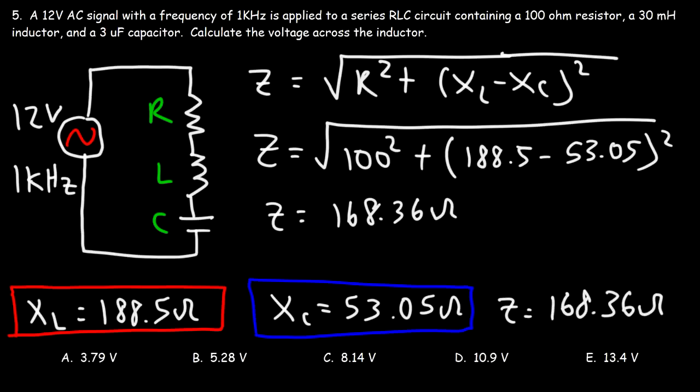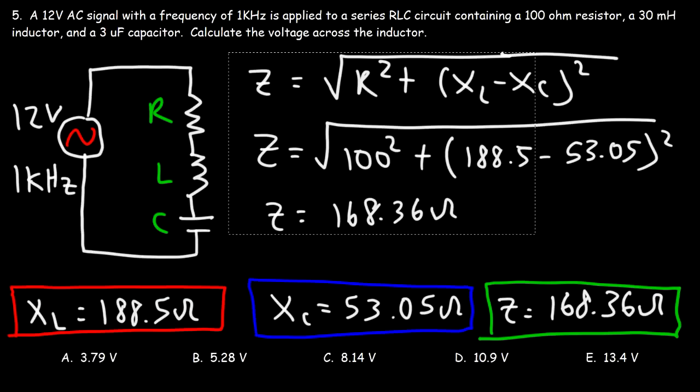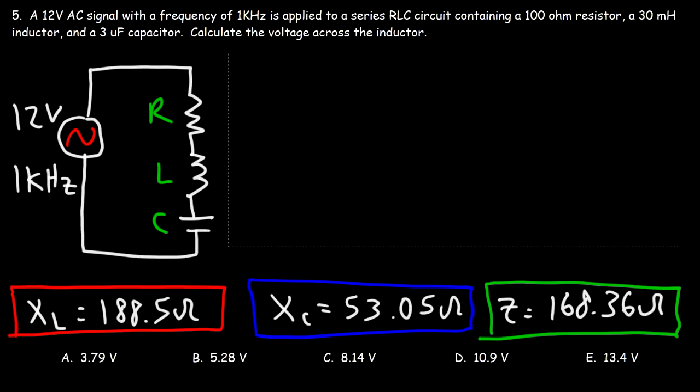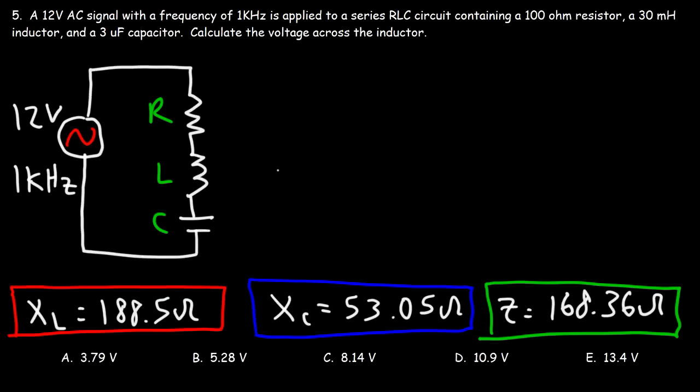So now once you have the impedance of the circuit, you can now calculate the current flowing in the series RLC circuit. So as we said before, the current is going to be the voltage of the source divided by the impedance.